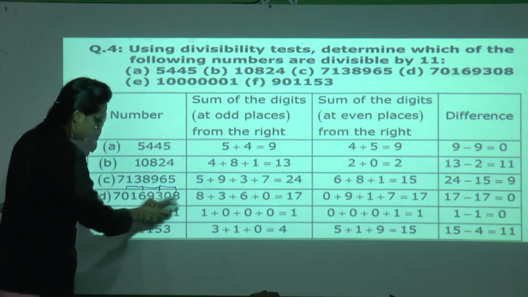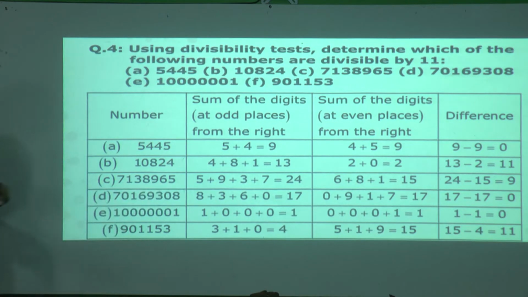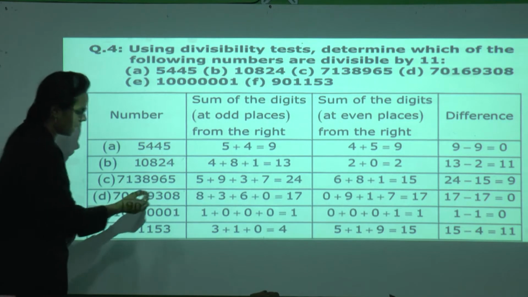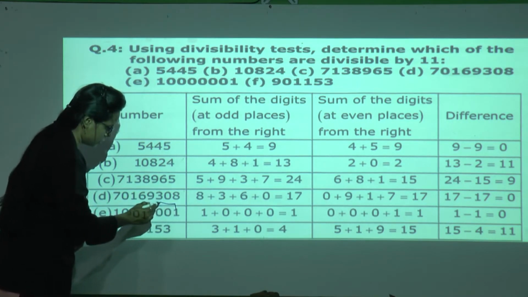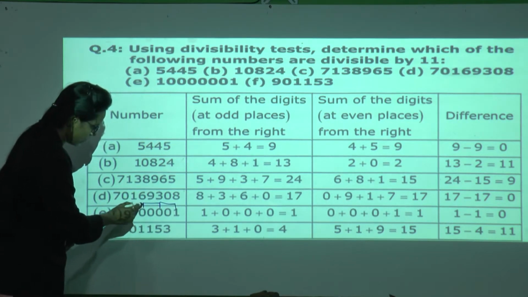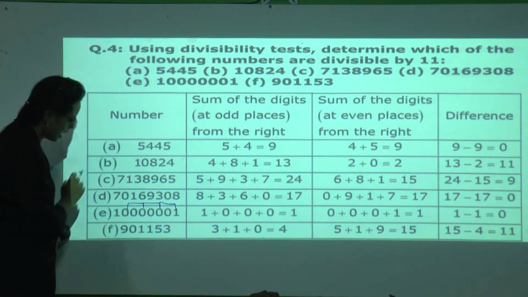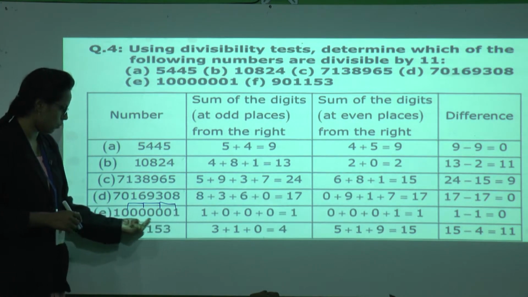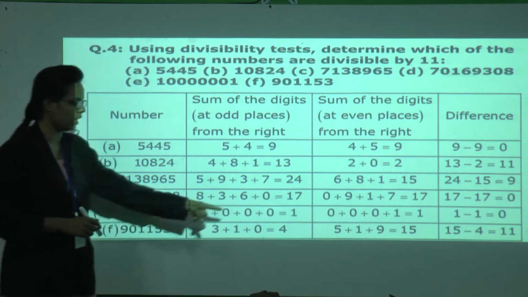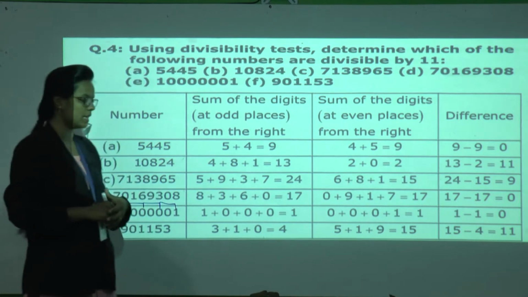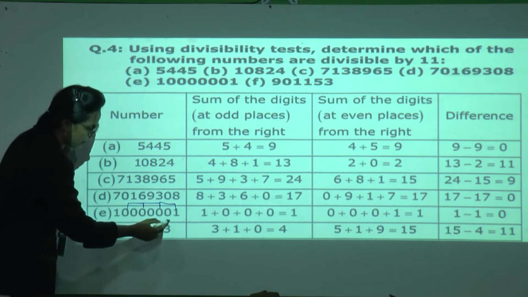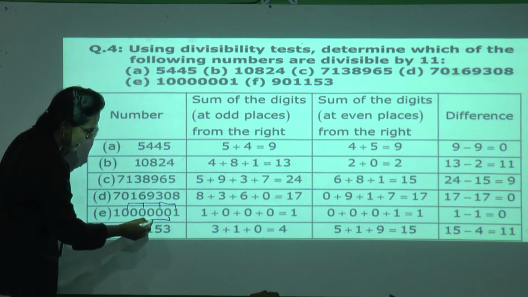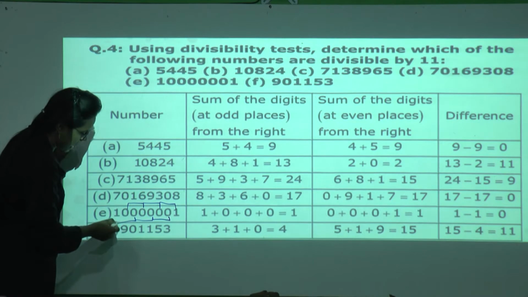Let us take the next one. Now see here, we take from the right the odd places: first, third, fifth and seventh. So 1 plus 0 plus 0 plus 0, the sum is 1. Now we take the even places, that is second, fourth, sixth and eighth.